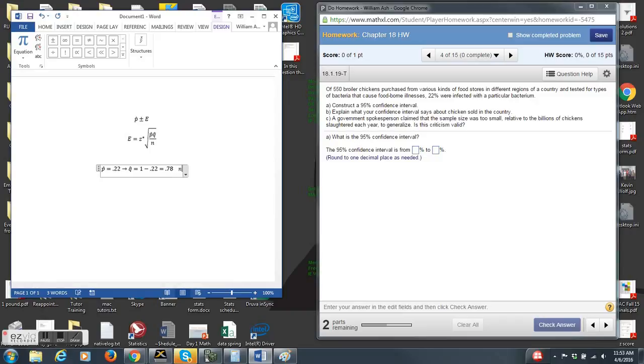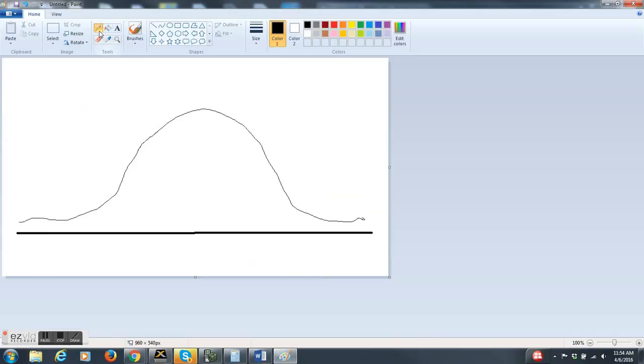P is the population proportion, p hat is the sample proportion. They say of my 550, I had 22% infected. So my p hat is 0.22, which makes q hat 1 minus 0.22, which is 0.78. You know what? I should double check myself.